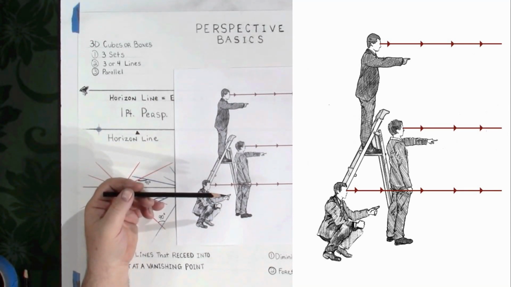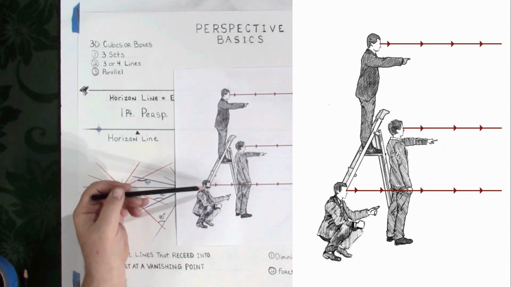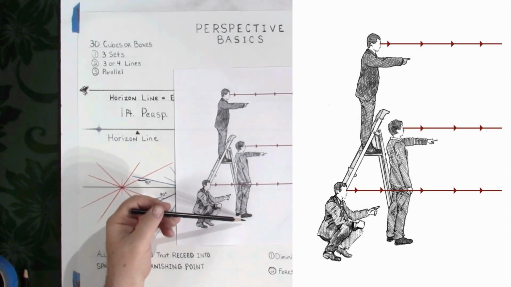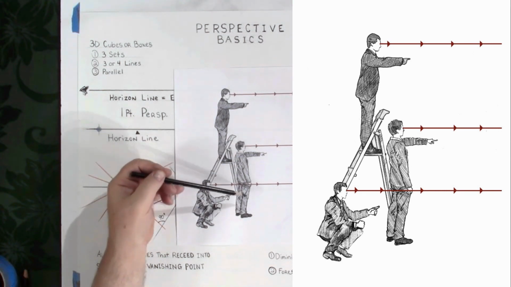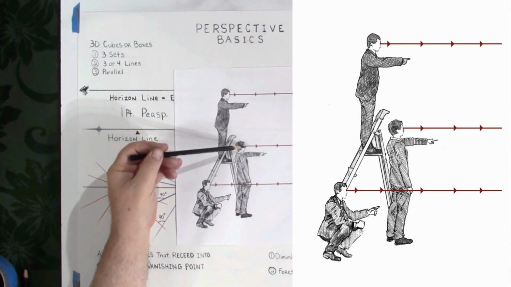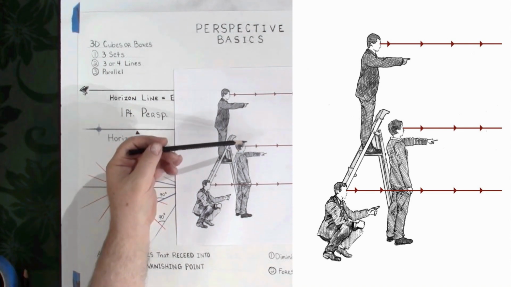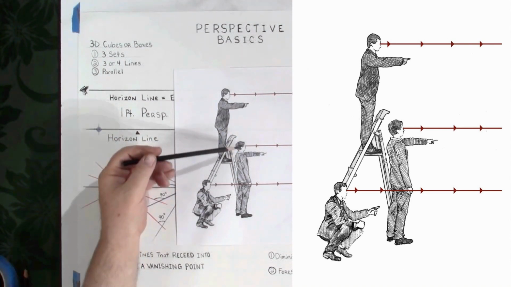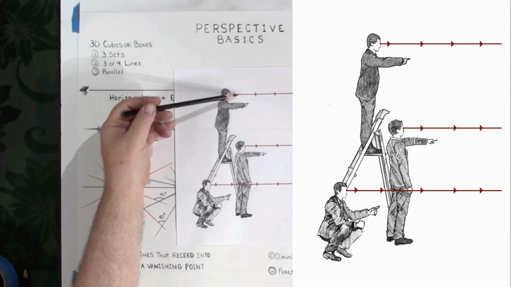The eye line and the horizon line rises up to the level of our eyes. If we're 40 inches off the ground, that horizon line lines up to the level of our eyes. If our eyeballs are 5 feet off the ground, the horizon line rises up to the level of our eyes. If we are 9 feet off the ground, again, the horizon line rises to the level of our eyes.